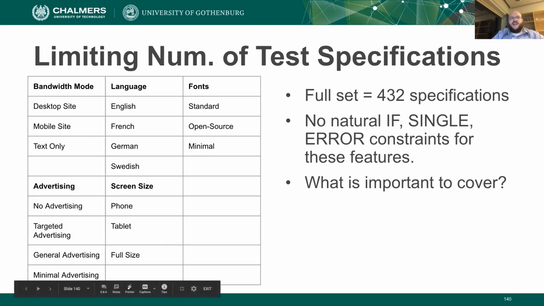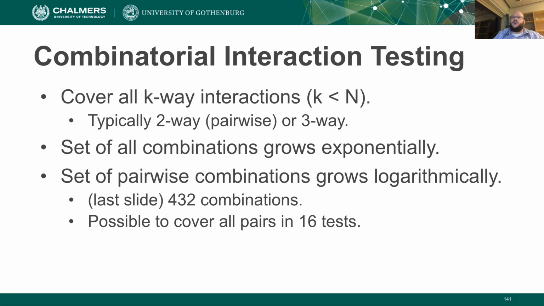Right, so now in this case, creating all test specifications would require 432. So 3 times 4 times 3 times 4 times 3, 432. And there's not really many natural constraints here. So the question is, what's important to cover? Well, combinatorial interaction testing can help with this. And it is one of the more common approaches for deciding how to test product lines. It really maps naturally to that format.